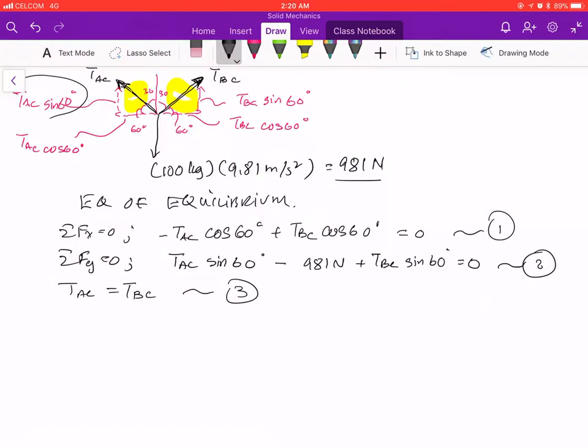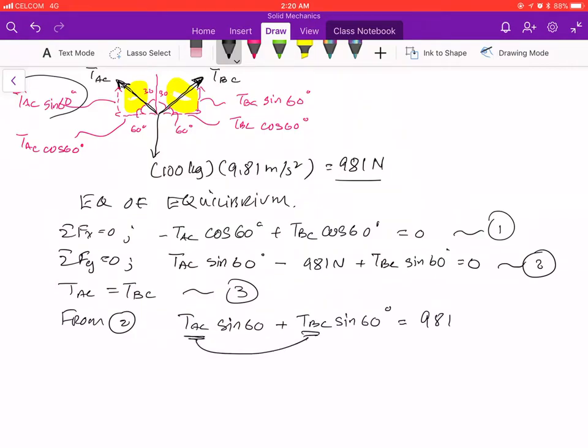So I can go ahead and solve. I just take equation number 2. I have TAC sine 60 plus TBC sine 60 equals, bringing the 981 to the other side, 981 Newton. Since TAC and TBC are the same, I can say 2 TAC sine 60 equals 981.